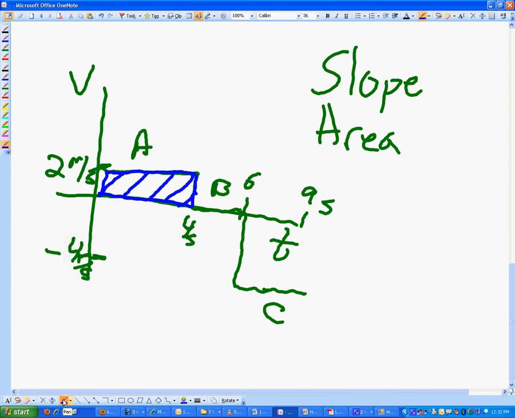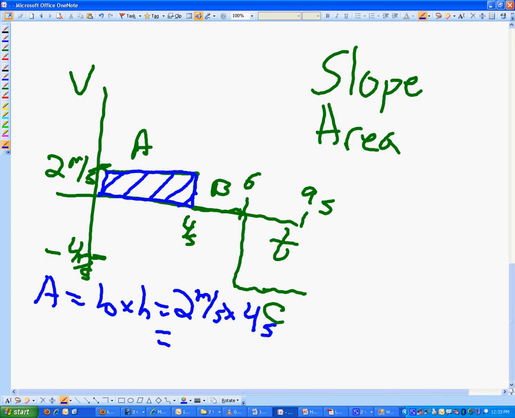So what's the area of a rectangle? Base times height. That's going to be 2 meters per second times 4 seconds. What's that equal? 8 meters. Seconds cancel out. What kind of number is that?